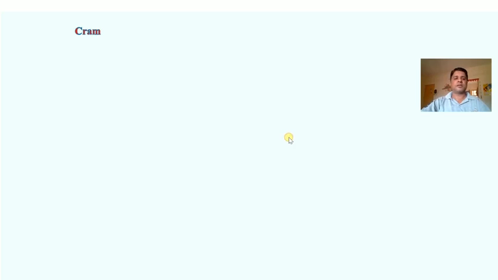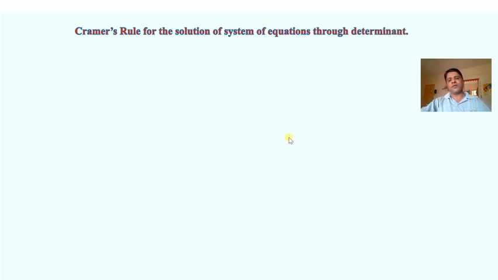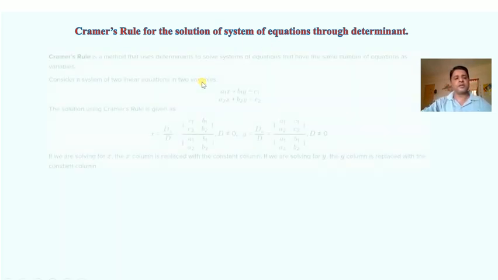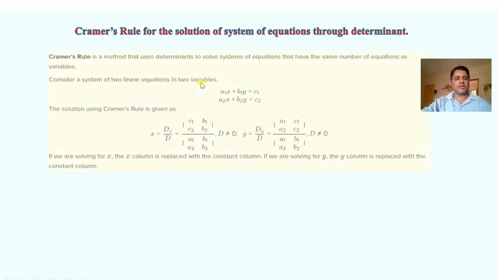So let us know about Cramer's rule for the solution of a system of equations. Cramer used determinants only to find the solution of a linear system of equations.